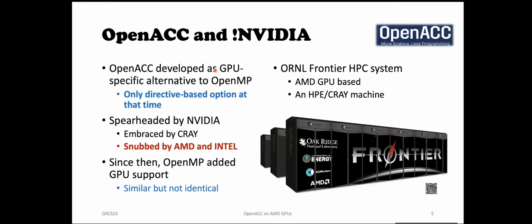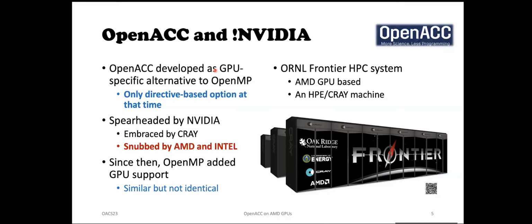Unfortunately, since then, AMD and Intel came along with their own GPUs, and they said, nope, OpenACC, we don't even want to look at it. Since then, OpenMP has added GPU support, which is similar, but not identical. So we didn't want to go there directly. So how do we go ahead?